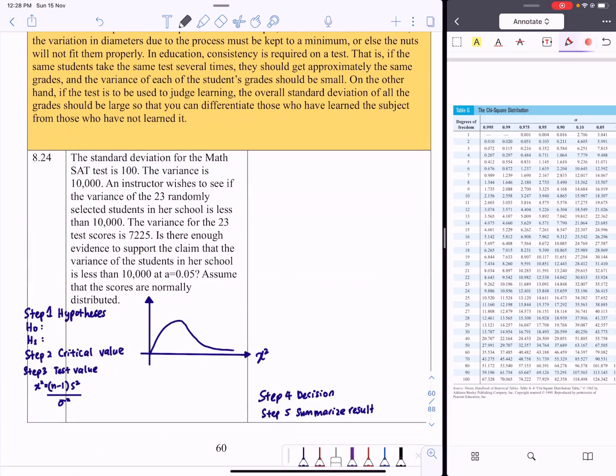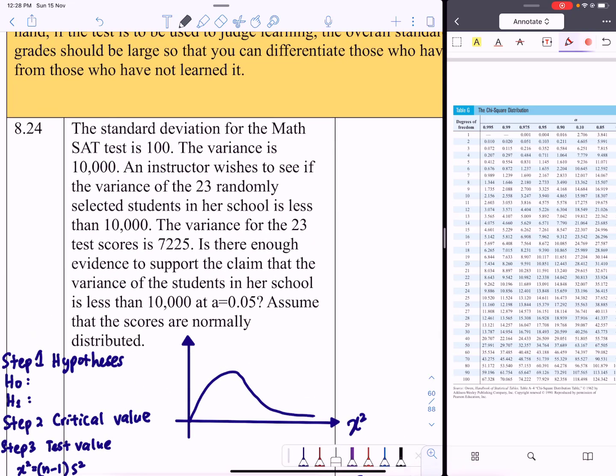Now we move to the chi-square distribution. For the chi-square we want to use table G. The easiest way to determine whether to use the chi-square, based on the question, is if they give you information only on the standard deviation or variance. Jadi kita try to understand the question. The standard deviation for the maths test is 100.